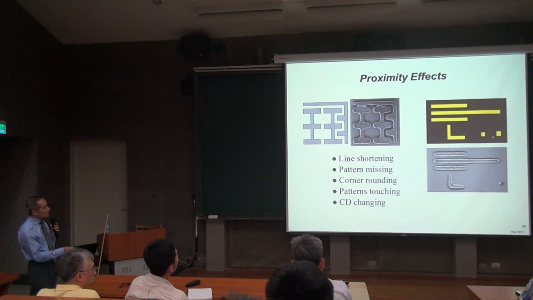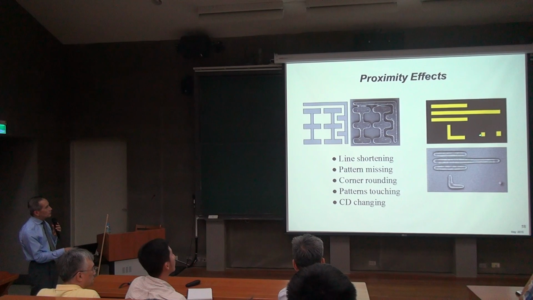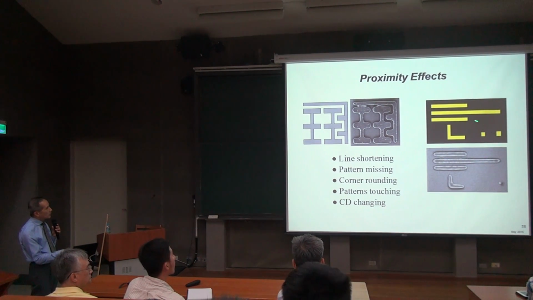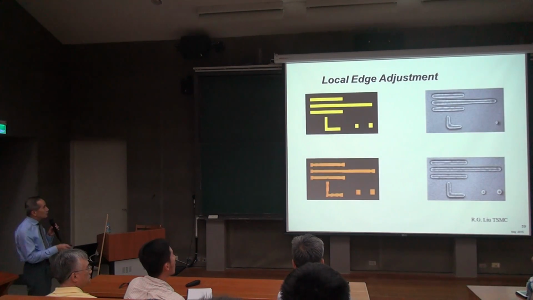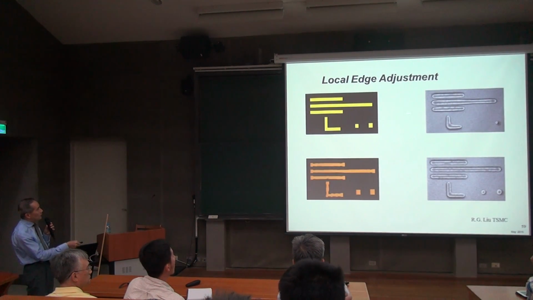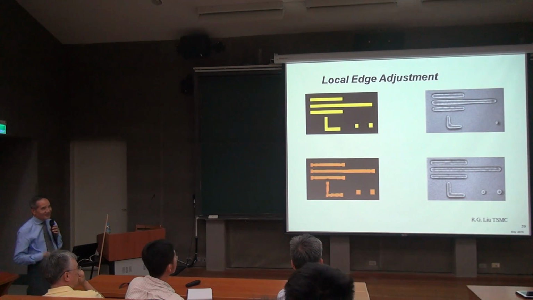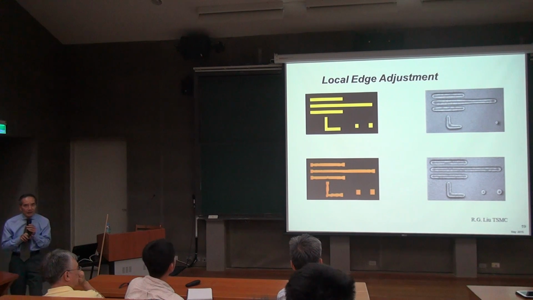For example, you have to make this hole bigger, and make it bigger disproportionately, non-linearly against all these patterns and so forth. When you do this, you can end up with this. This is before any correction, and this is with corrections. Okay? Again, this also becomes a $1 billion industry for lithography.